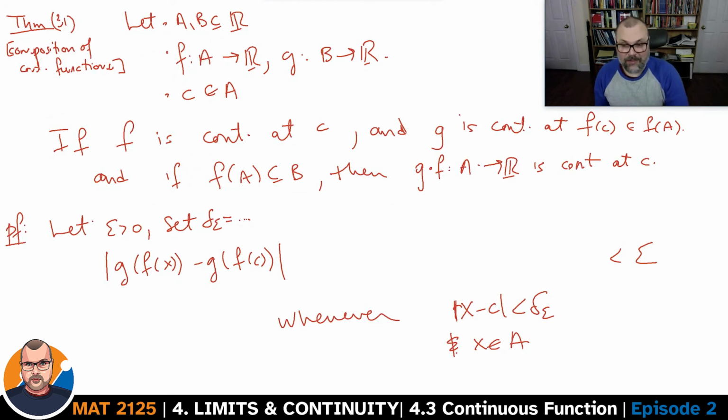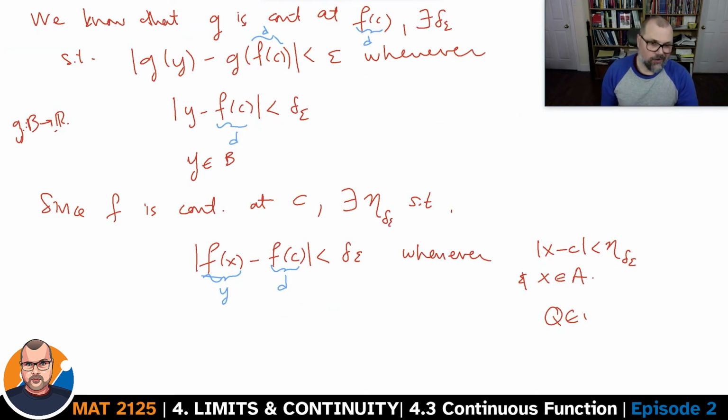The delta_epsilon that I want is the eta_delta_epsilon. This will give me exactly what I want. This is just learning how to manipulate the definitions. There isn't an awful lot of thinking going on. And as before, the same result holds if you replace continuous at c with continuous over some set A.